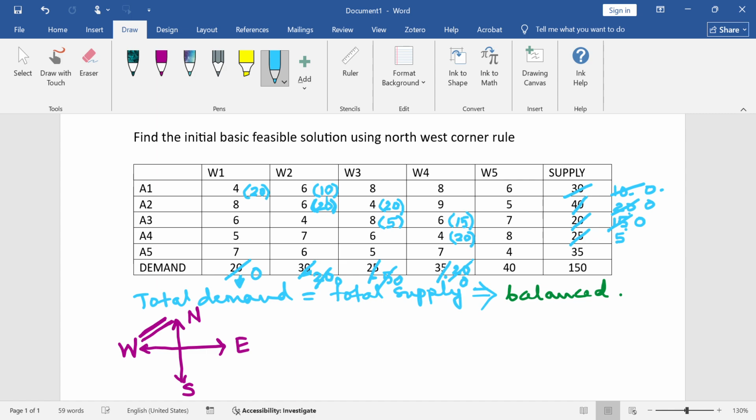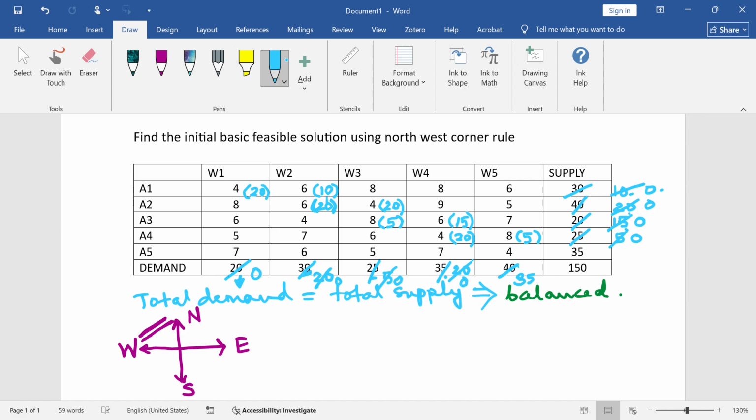So now we see W1, W2, W3, W4 all are exhausted. We still have a supply with A4. So we proceed to the next possible cell, which is A4, W5. And here we see that the demand is 40 but the supply is 5. So we can allocate only 5. Now this supply gets exhausted and this demand gets reduced to 35. So now A1, A2, A3, A4, the supply is exhausted.